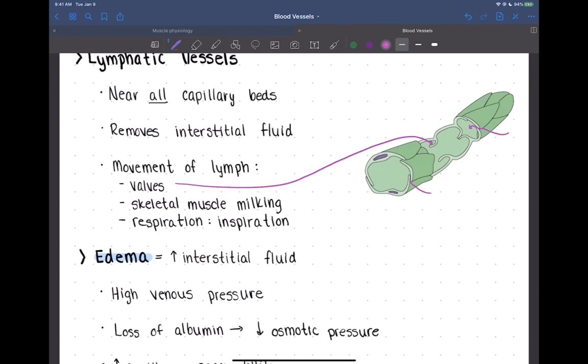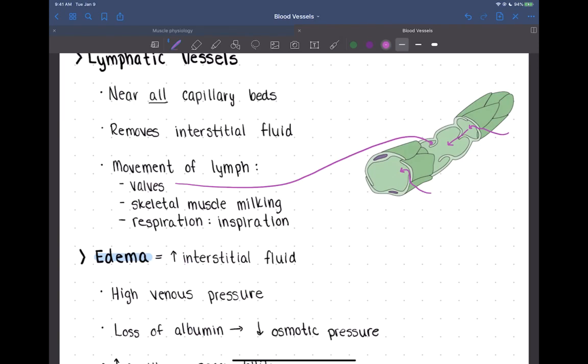And so there are these little gaps, like little trap doors, that interstitial fluid can push on to get into the lymph vessel. So the fluid will do that, and it will just move through this vessel past those valves. The valves will prevent that lymph from moving backwards, all right?